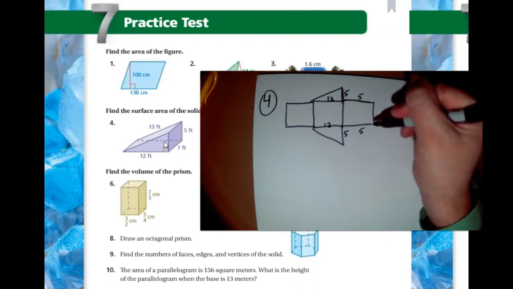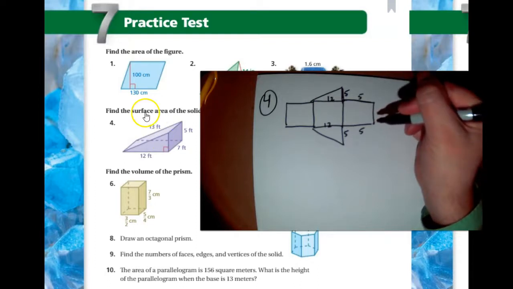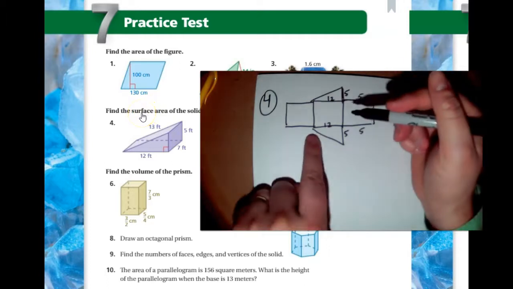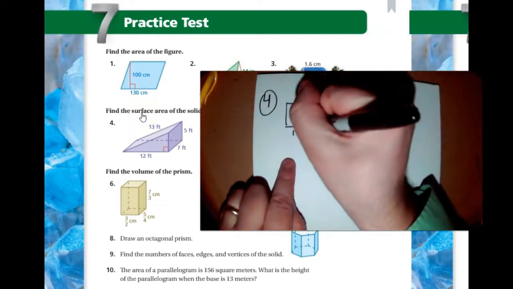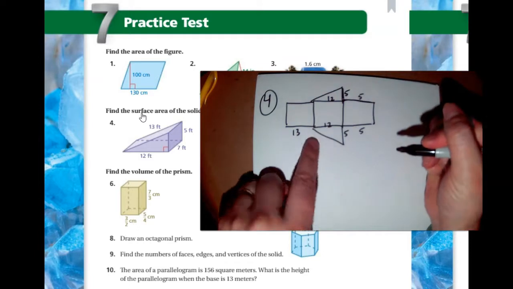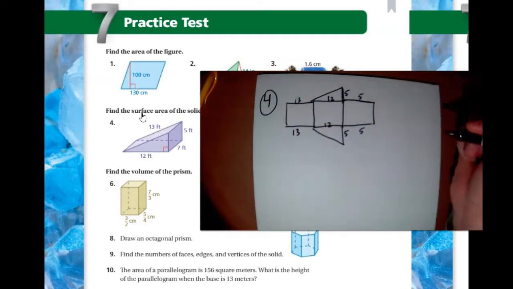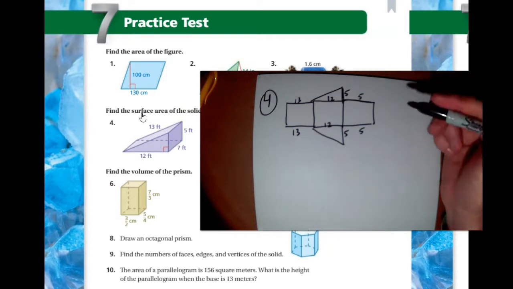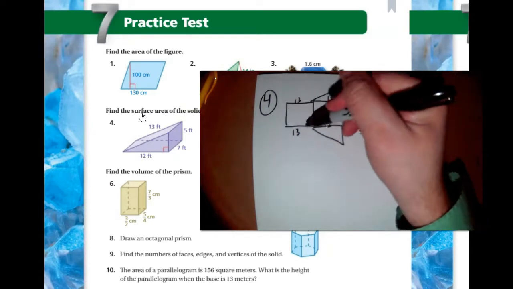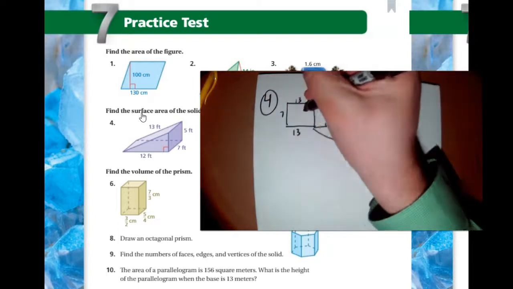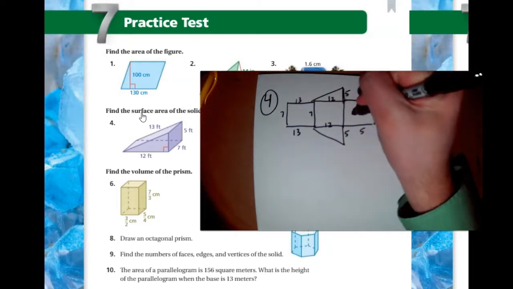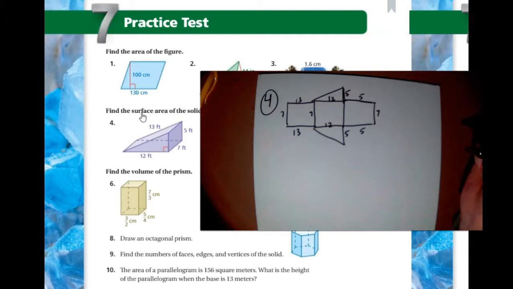And then on the other side, we have that 13 up here being labeled as that diagonal line. This diagonal line is 13, which means this is 13, right? 13 and 13. I guess we could say this is 13 also, if need be. And then we have that 7-foot part. That 7 foot would be like all of these diagonal lines going across here. I guess I'll just kind of label some of them so we get the idea.